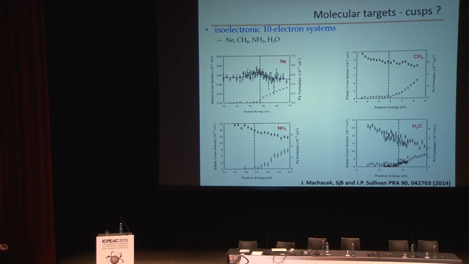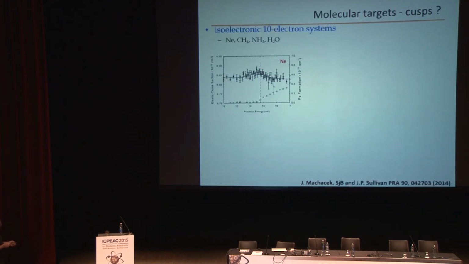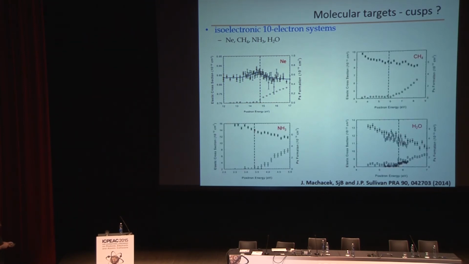And the argument here is that in the case of the atoms, the only 2 channels that are open here are elastic scattering and positronium formation. But in the case of the molecules, there are many other channels that are open for vibrational and rotational excitation. So the channel coupling is being spread over all of those states, and we don't see the effect of the cusp in the elastic scattering channel.